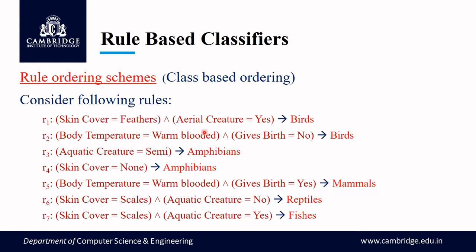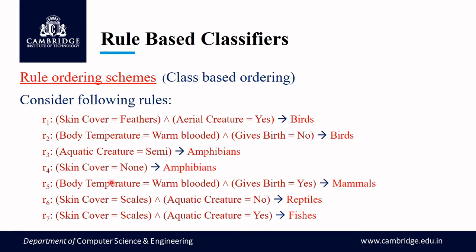But because class based ordering tells that based on the class information, based on the vote of the class, you list it, and I have done it in this way, the higher quality rule is overlooked with respect to the inferior rule because of the class information. So that is the drawback here.